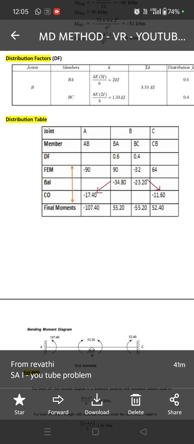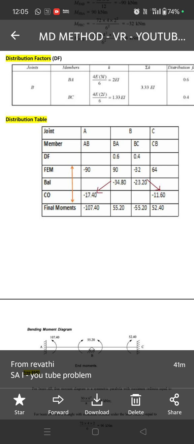Once the cycle is closed, in each column the values should be summed up with their signs as they are. So from the fixed moment, shown by the arrow mark in orange color, minus 90 under AB, and minus 17.4, both have the same sign, therefore they are summed up, minus 107.4. Next under BA, 90 minus 34.8, it is 55.2.